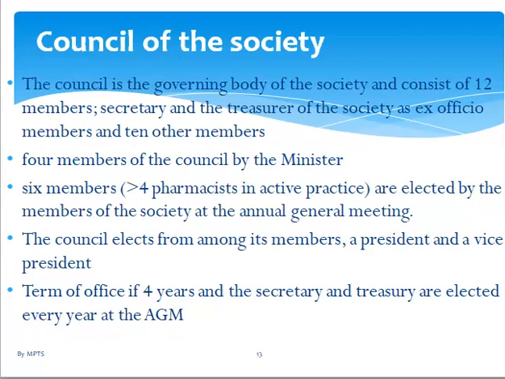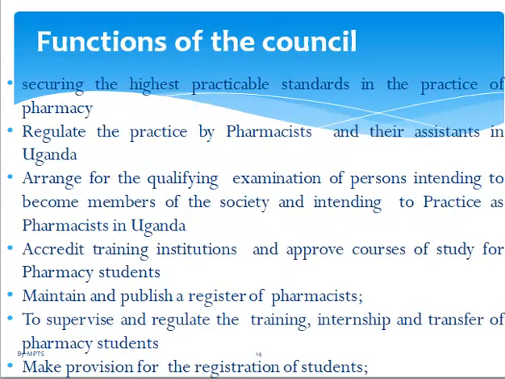The other members are voted in every year at the AGM. 4 members are appointed by the minister, and 6 members, of whom more than 4 should be in active practice, are elected by members at the annual general meeting. And of course, they have 4 years in office, and the council elects among itself the president and the vice president.